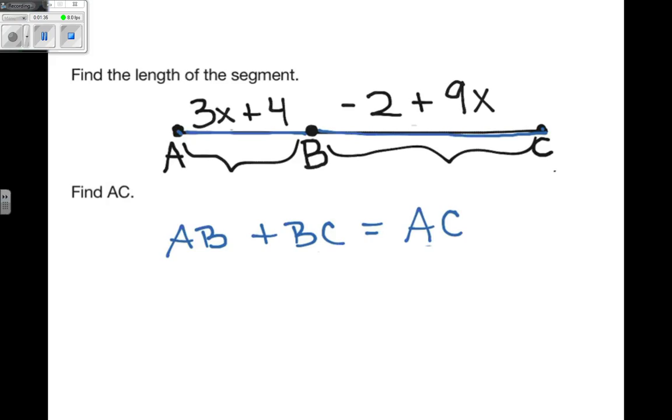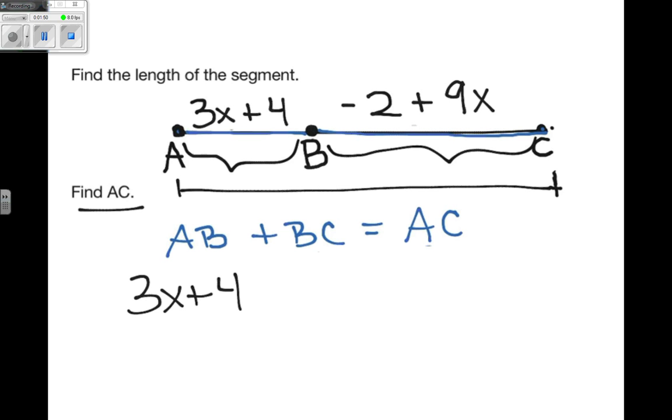We would still approach the problem the same way. To find the length of AC from here all the way to here, we would have to add the two smaller segments that make up that long segment. So we would take 3x plus 4 and add that to negative 2 plus 9x.